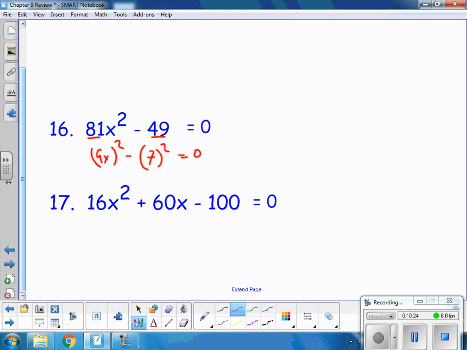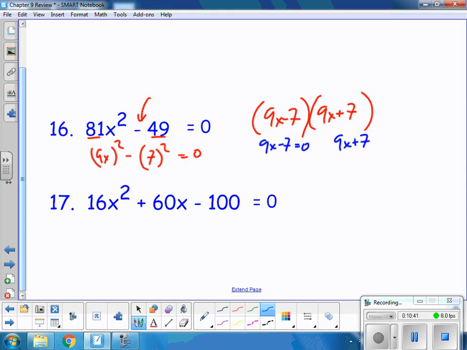That tells me I'm looking at 9x minus 7 and 9x plus 7 because they are the difference of squares. When I set both of those equal to 0, I add 7 to both sides and divide by 9, so x equals 7/9. On this side I subtract 7 and then divide by 9, and I end up with negative 7/9.